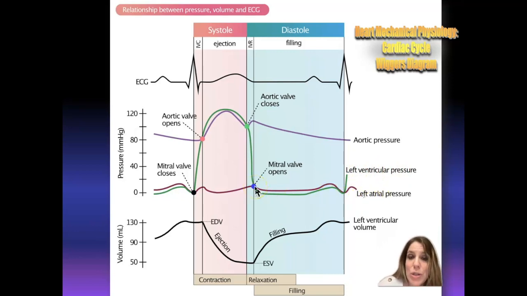Initially during that filling phase, because the blood hasn't finished filling into the ventricles, the pressure in the ventricles is lower than the pressure in the atria. That's what causes the blood to put pressure on the AV valves, such as the mitral valve, and open it on up. So at the point where they intersect, that's when the mitral valve is going to open.